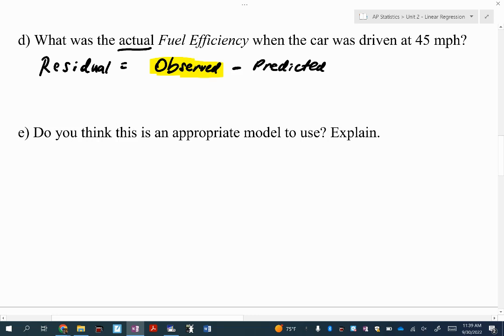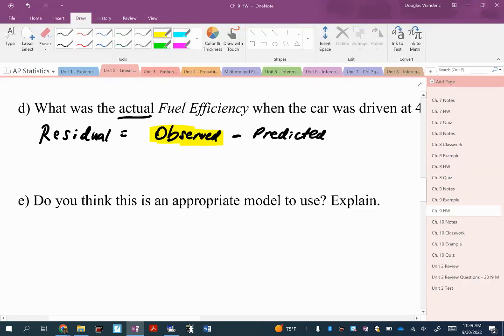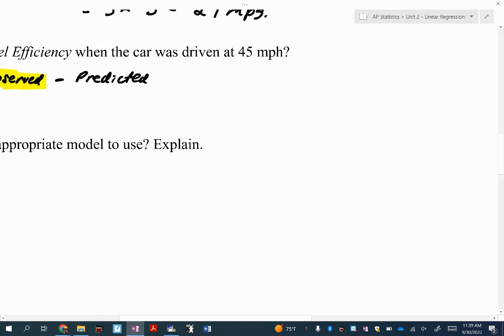Once I do that, you guys know, ever since you were probably 13, 14, 15, that if you have an equation with one unknown, you can find that unknown. So let's plug it into our model. Fuel efficiency hat equals 32 minus 0.1 times 45.